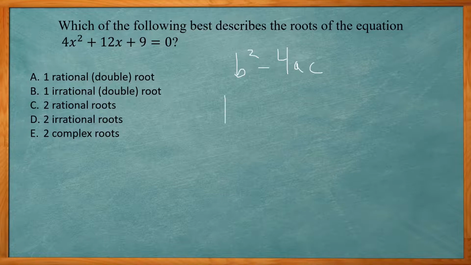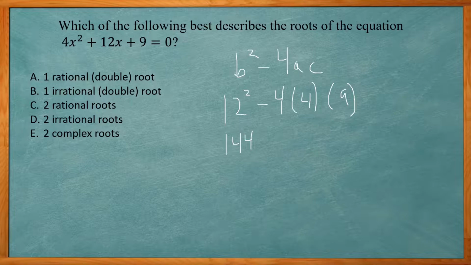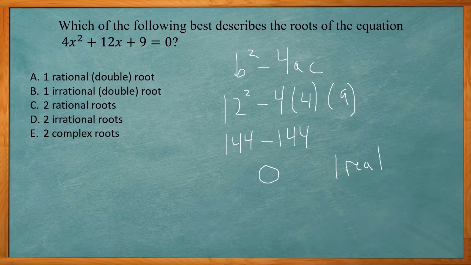So this one's going to be 12 squared minus 4 times 4 times 9. 12 squared is 144. And negative 4 times 4 times 9 equals negative 144. So we have 0. So if our discriminant is 0, we're going to have one real root. And it's going to be rational.